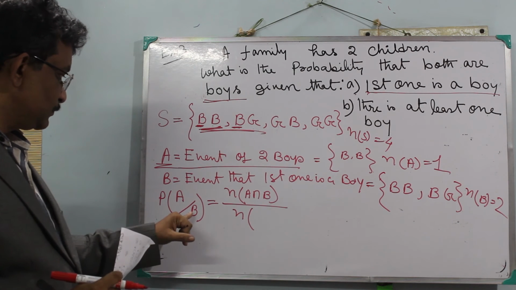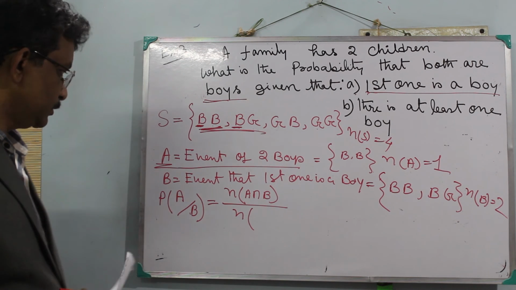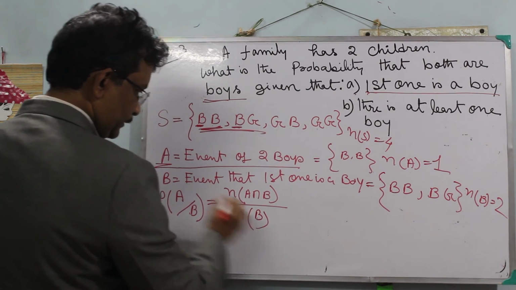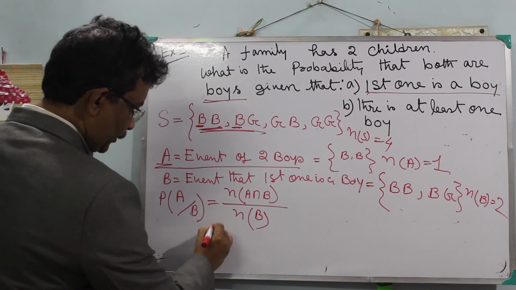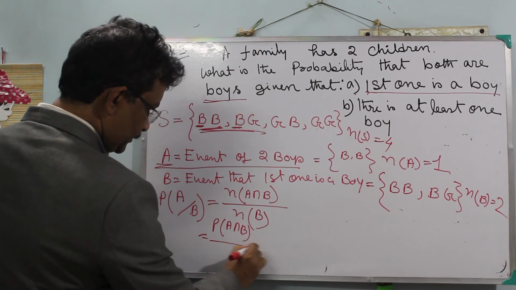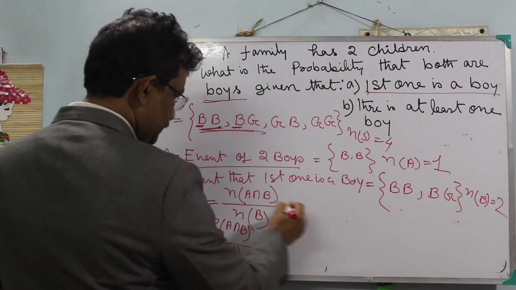It is reduced to the number of elements of B, because event B has occurred. Or you can apply probability of A intersection B divided by probability of B. So let's first try this method.